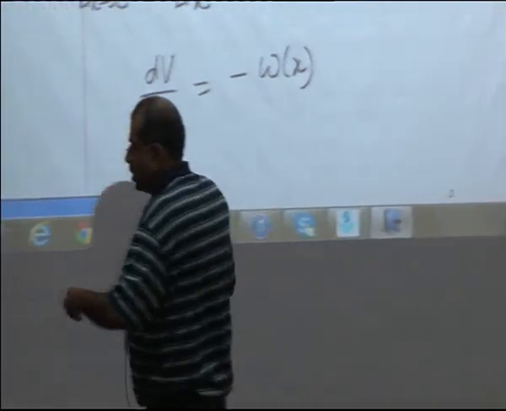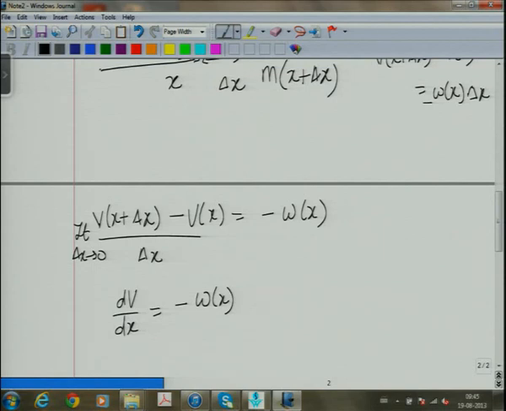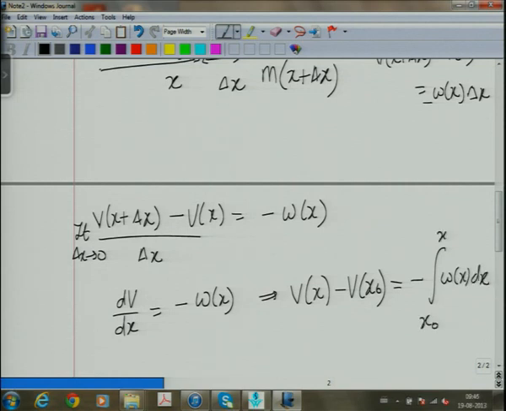So I can integrate this, and it will give me V at x minus V at x0 is equal to, with a minus sign of course, minus the integral of W of x dx with x going from x0 to x.